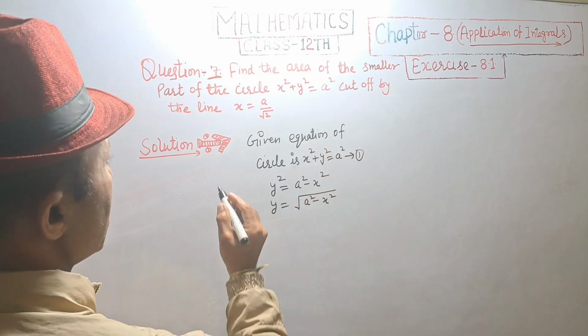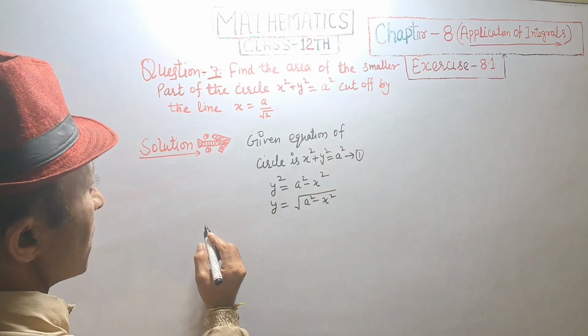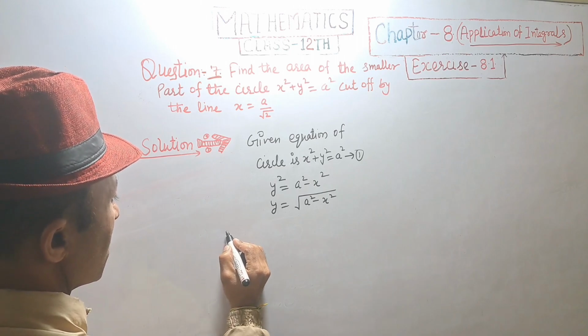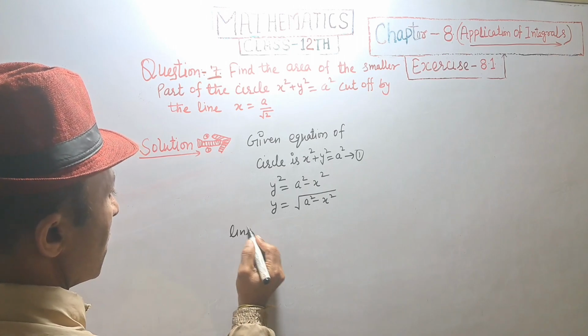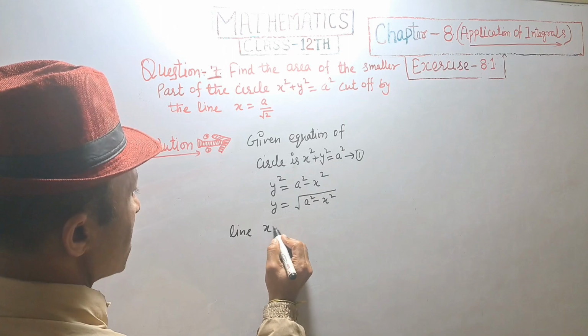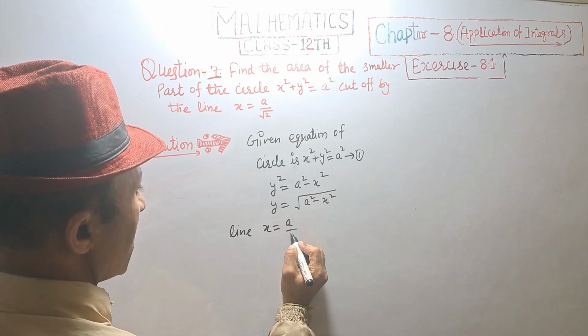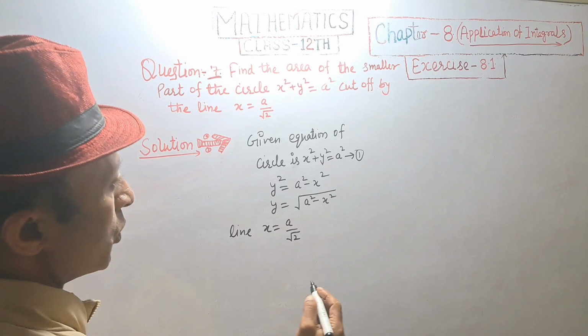And cut off by the line x is equal to a upon root 2.